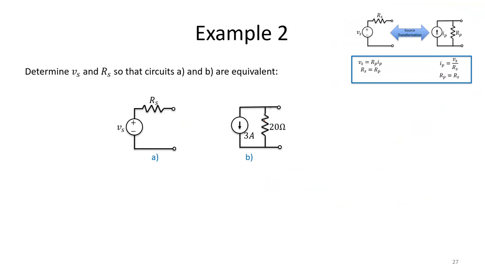Let's try another example. If you'd like, you could pause the video and try it on your own. Otherwise, let's do it together. Here we are asked to determine Vs and Rs so that circuits A and B are equivalent. So notice, what do we know in this case?